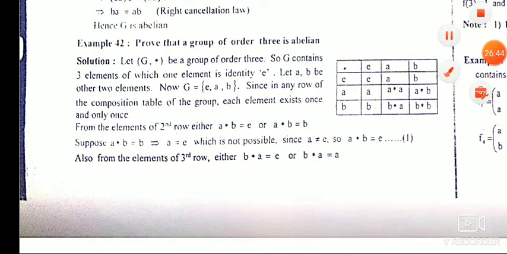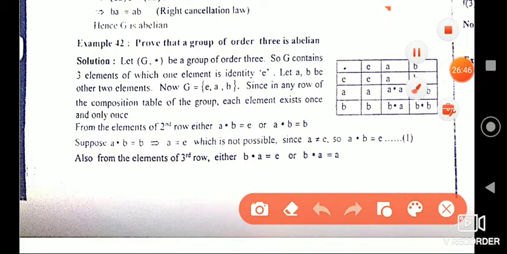A into B, we don't know what A into B is either. We cannot have some other element because only 3 elements are there. So A star A should be either A or B or E. We don't know, we have to see. But it cannot be A because A is already there, right? It should be either E or B. And there is A star B also. This is just what the possibilities are.